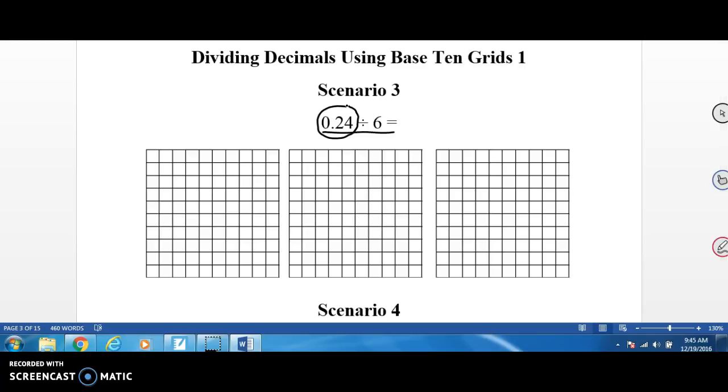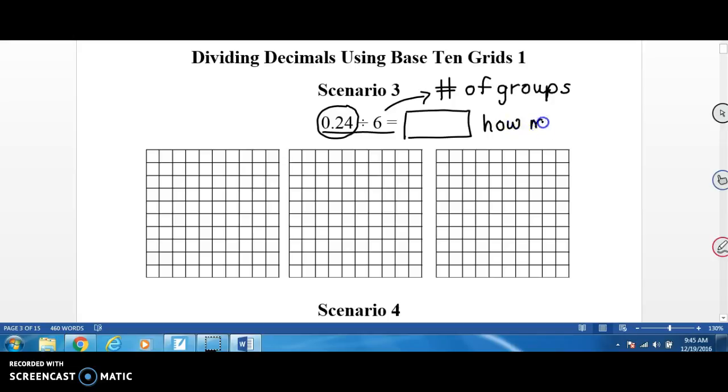But this one's different because this one tells us the number of groups and this one tells us how much is in each group. So this is how it's different from the last ones that we've done.